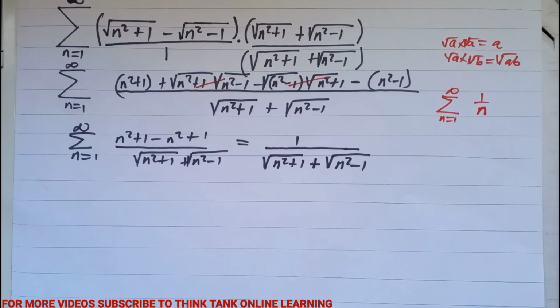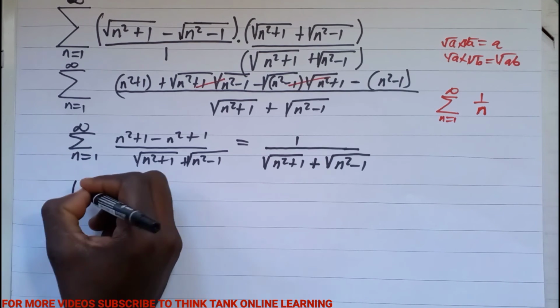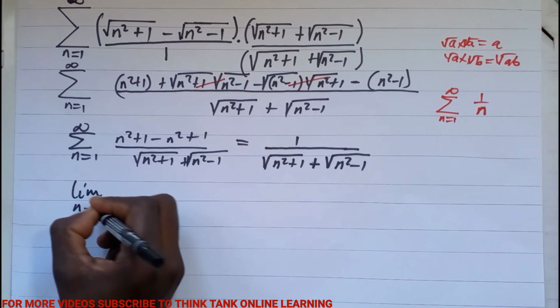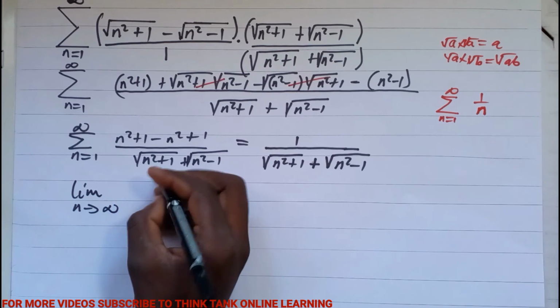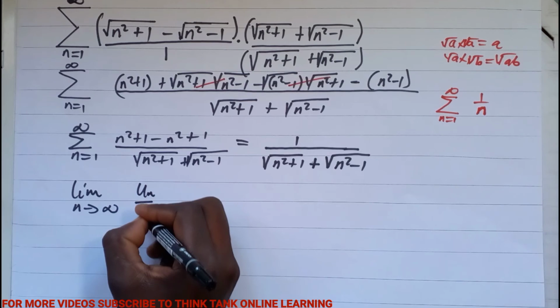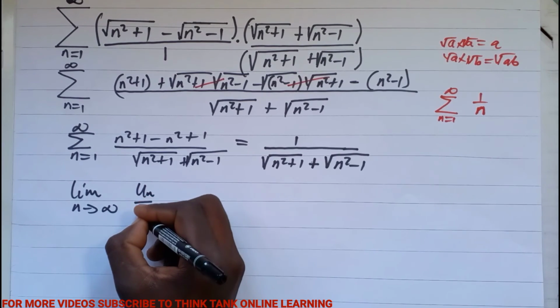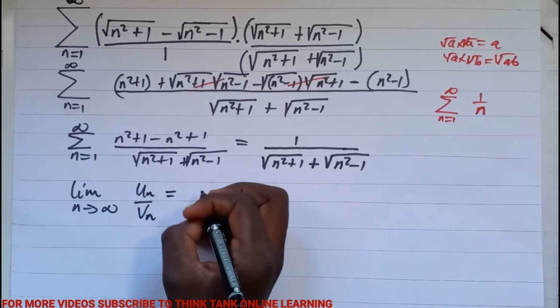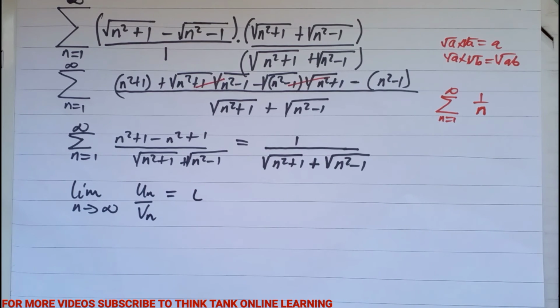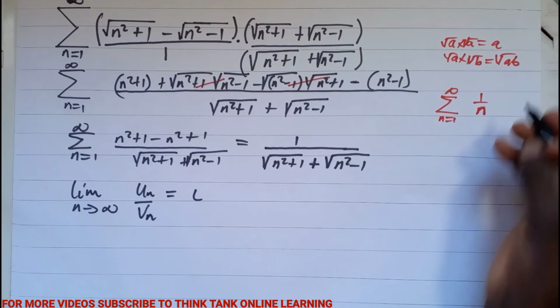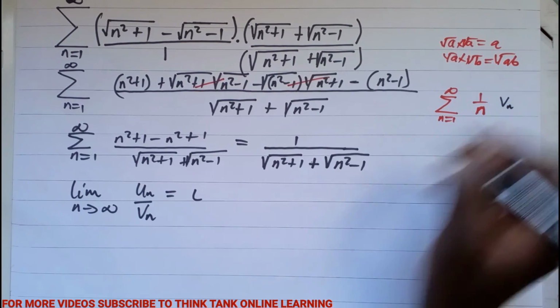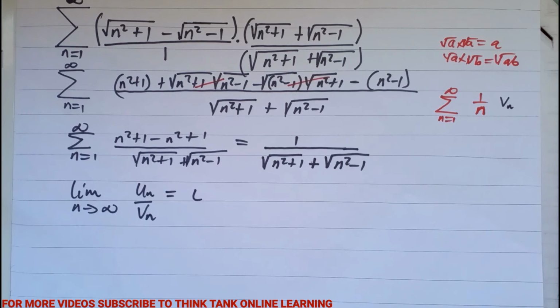So we're going to use our formula. The limit as n approaches infinity of un over vn should give us the limit. So this is my vn and this is un. Okay, let's do that.